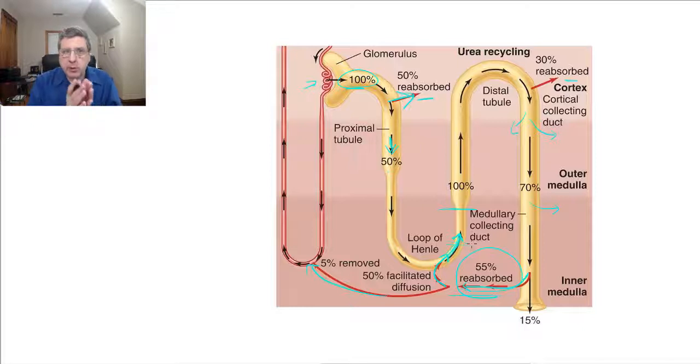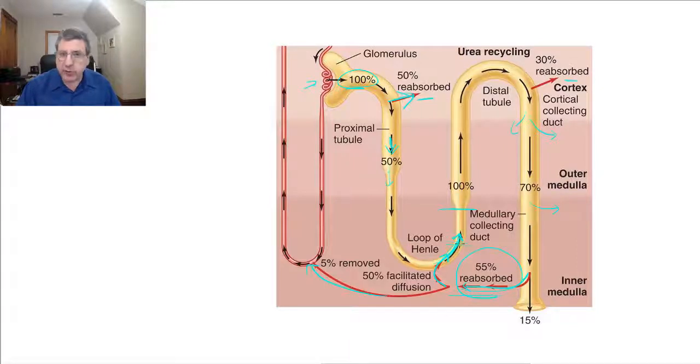Now remember the definitions of reabsorbed and secreted. Reabsorbed means it goes from the tubular fluid back into the body or back into the bloodstream. Secreted means it's going from the body and being put into the tubular fluid. So here we've got 50% going down the descending limb.